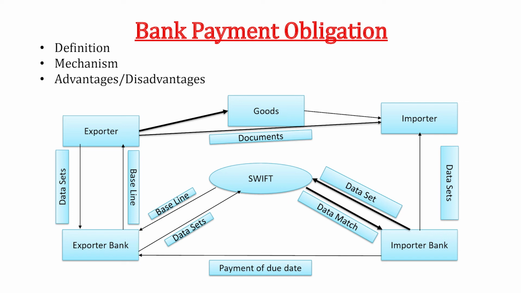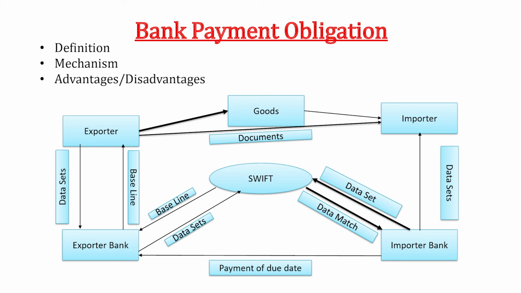And if the exporter sends the data through SWIFT, and the data required by the importer matches the data given by the exporter after shipment, then friends, the importer's bank is legally bound to make payment to the exporter's bank on the due date.